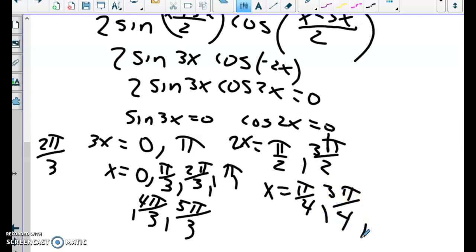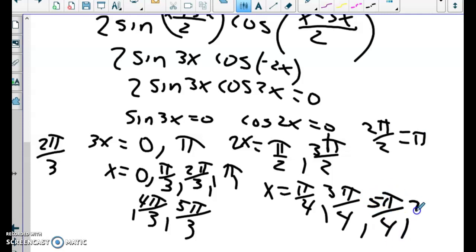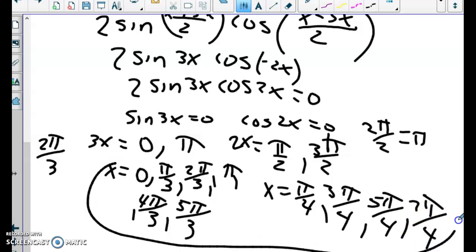Because this is only a 2x, if we add 2 pi divided by 2, we have to add pi to get the next one. So we're going to go with 5 pi over 4 and 7 pi over 4. And so you get all of these answers as the solution.